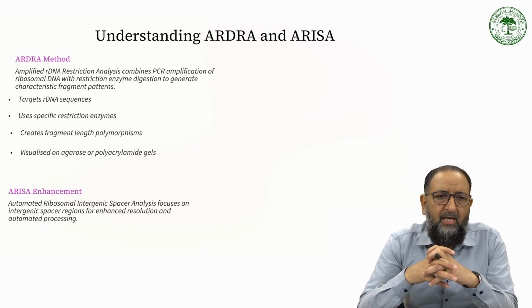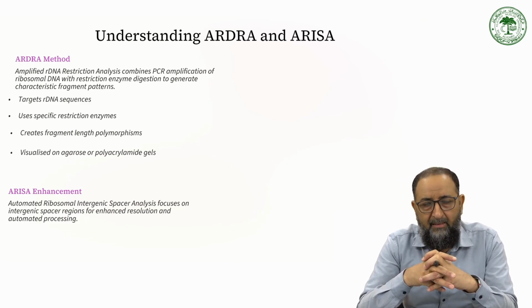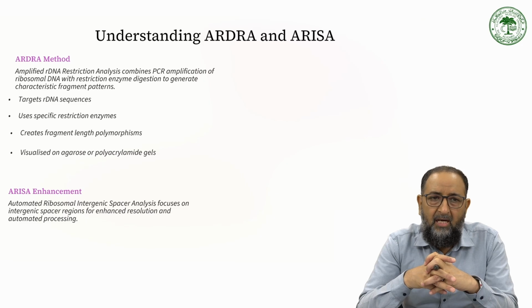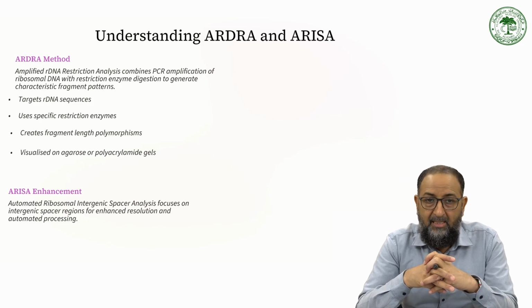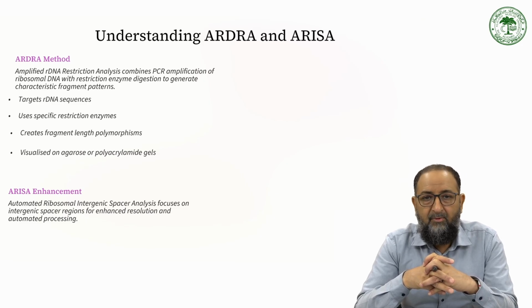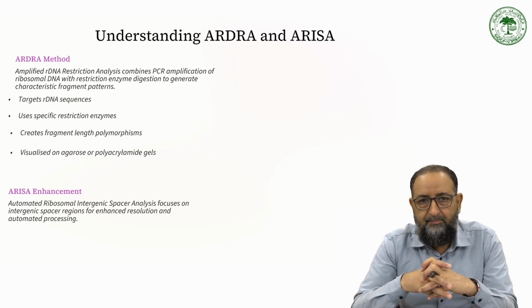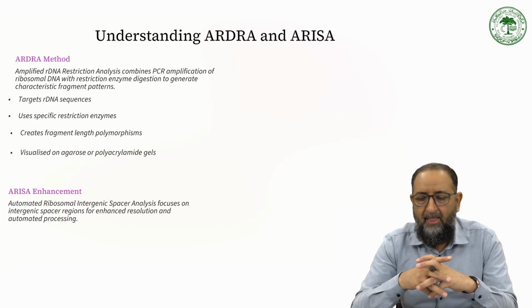The ARDRA method, by name, is amplified rDNA restriction analysis, which combines PCR amplification of the ribosomal DNA with the addition of a restriction enzyme to generate a characteristic fragment pattern.